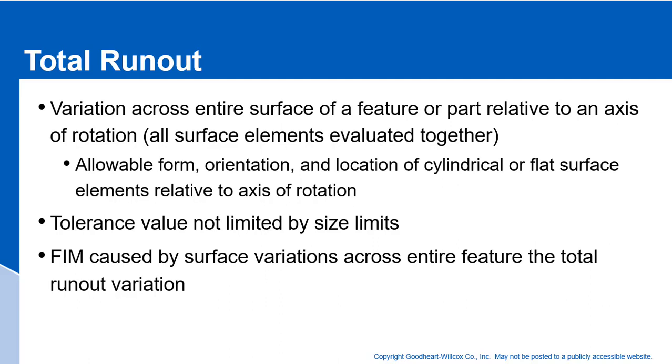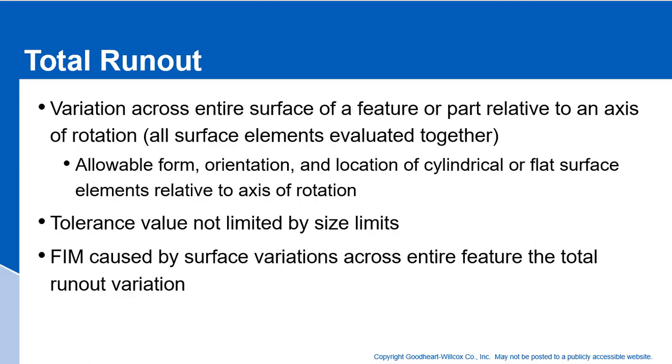With this one, the tolerance value is not limited by the size limits. Full indicator movement caused by surface variations across the entire feature is the total runout variation. What we would be doing is spinning the part and then scanning the indicator back and forth to get a total runout reading.